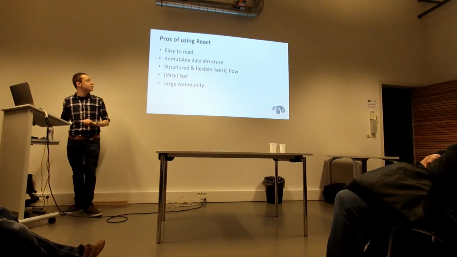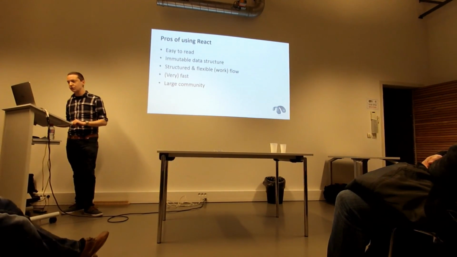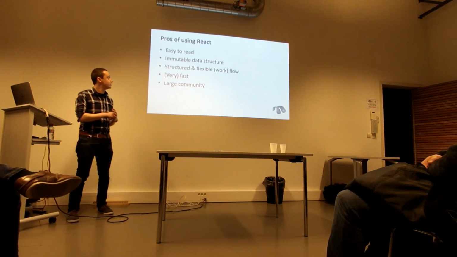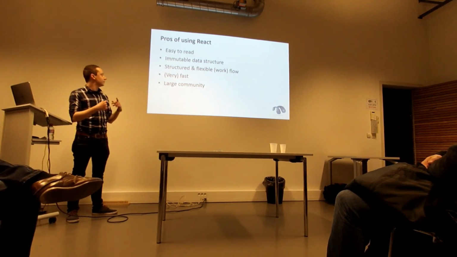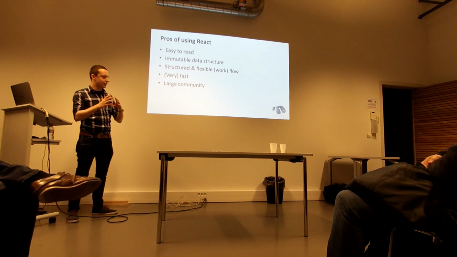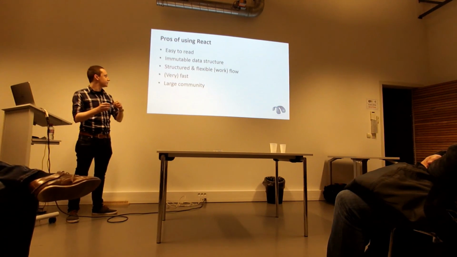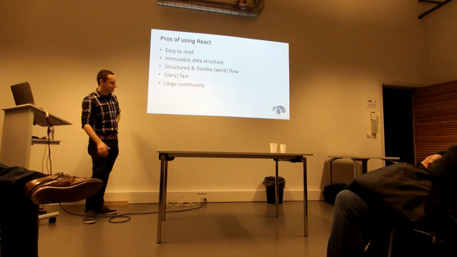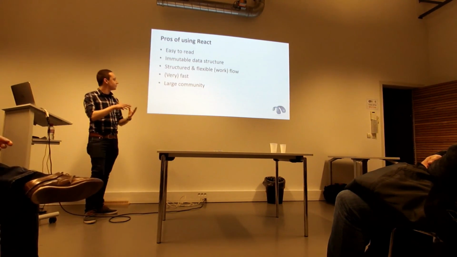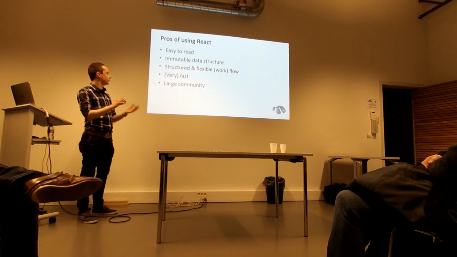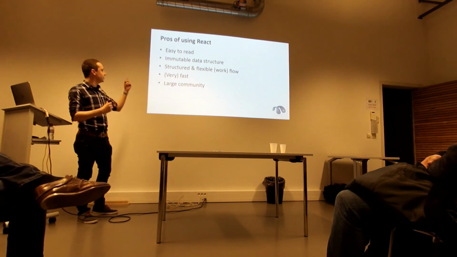Then, some pros of using React. Once you get your head around how React works and how you should or can define components, it's very easy to read. One positive point is also that it has an immutable data structure, so it's easy to check in your component itself what it's doing. Sometimes it's hard to explain that part, but it's easy to compare the previous props to the next props, or previous props to the current props, or current props to the next props, thanks to the immutable data structure.